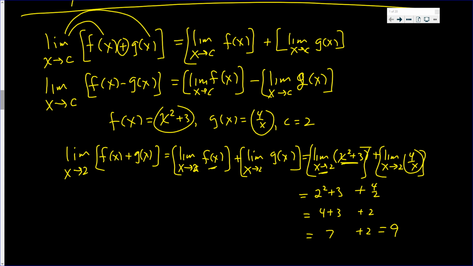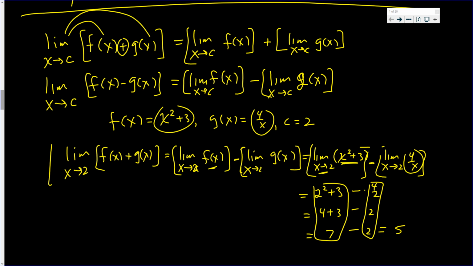Now, if all I did was change this problem to subtraction, there's no big deal. It'll just be minus. This will still be the same, this will still be the same, but this time I'm subtracting. 7 minus 2 is 5.